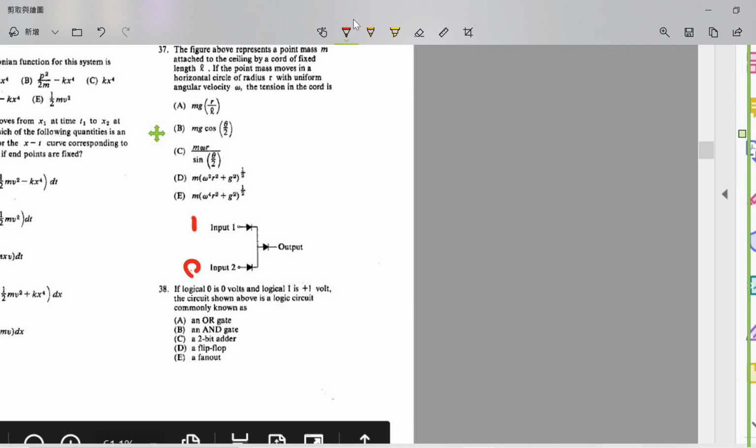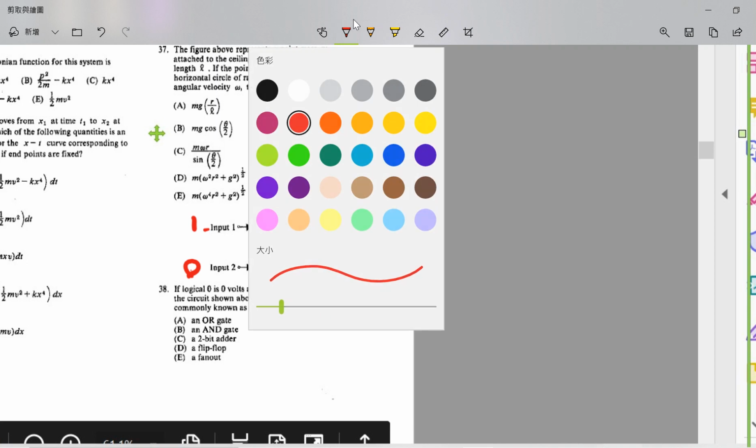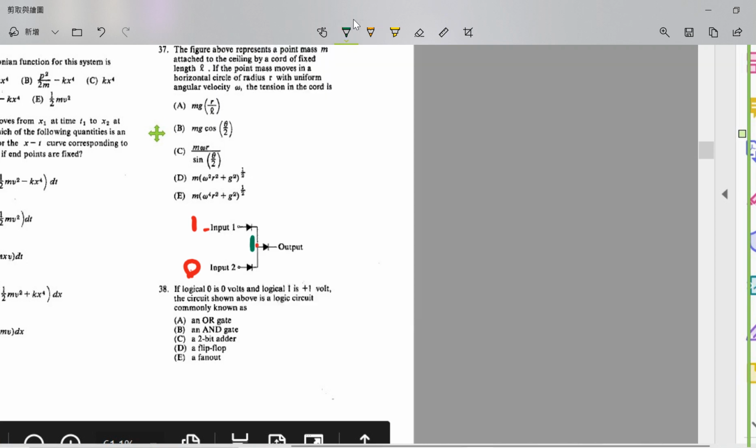If this is 1, this is 0, then which one is that? Then what is this one? Okay, suppose this one is 0, then 1 0, this should be short, then this one should be 1. So there's a contradiction. So we know that this one must be 1. So this is 1, this is 0, so it's okay, then this is open.